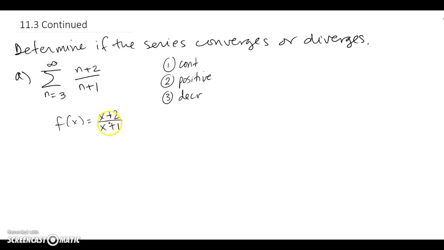The only place where it's not continuous is at -1. Positive and decreasing, we can analyze that too. When x is greater than 3, from 3 on, all of these y values are going to be positive, and we can do an analysis of decreasing with f prime or just look at the graph.